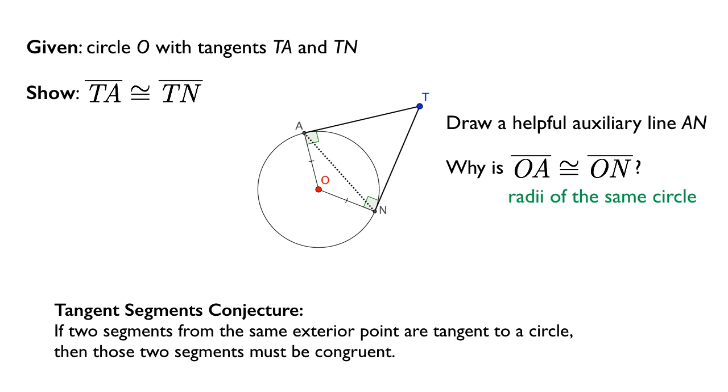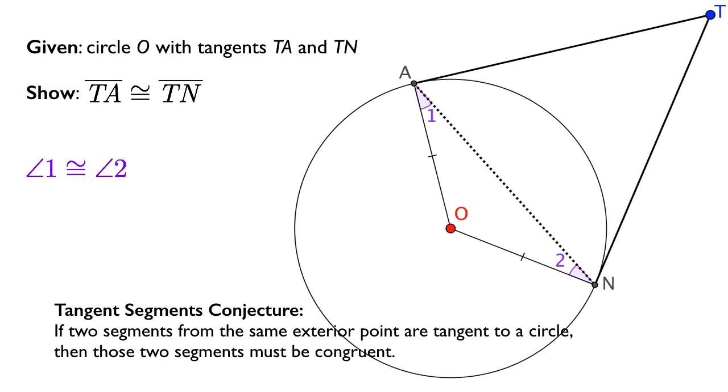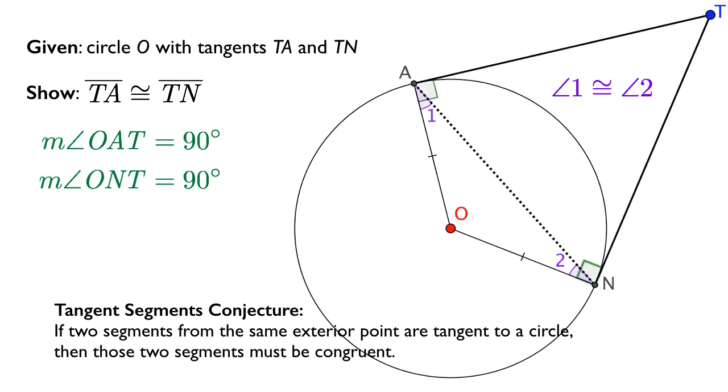And so that means that triangle OAN is isosceles. What do we know about isosceles triangles? We know that base angles are congruent. So angles 1 and 2 are congruent. Well, we also know that angles OAT and ONT are 90-degree angles because they're at points of tangency.